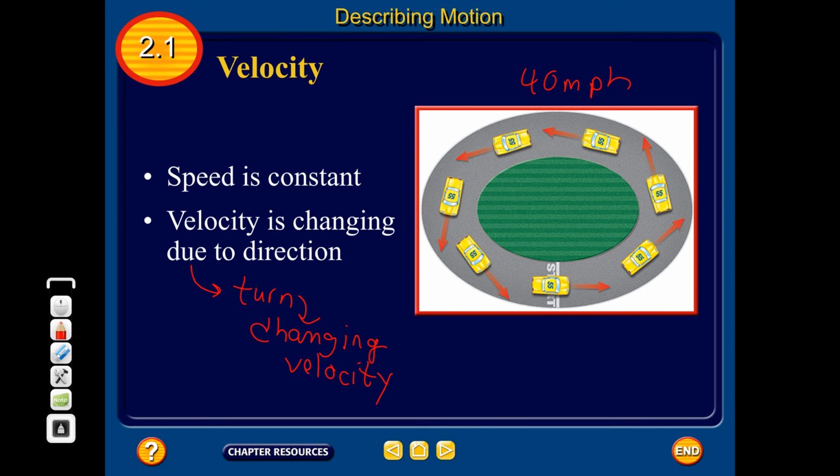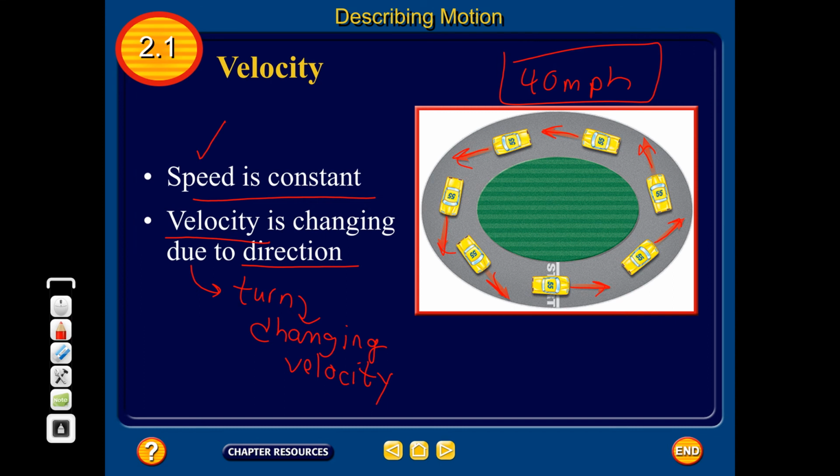You're going around that track at 40 miles an hour, but it's a circular track. We would say your speed is constant because are we changing this value? No. But the thing is, velocity is speed, which, is that changing? No. And direction. The thing is, as this is pointing out, there's always a different direction you're going if you're going around a circle. So technically, all of these cars shown here, even though it's the same car, but each of these points in time for this car, these are different velocities.